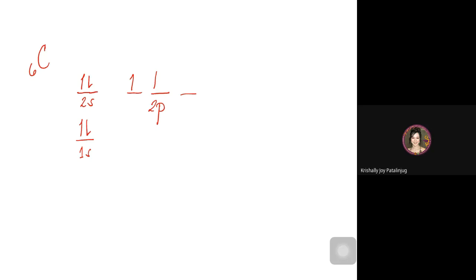So that is also the importance of these orbitals: s, p, d, f.